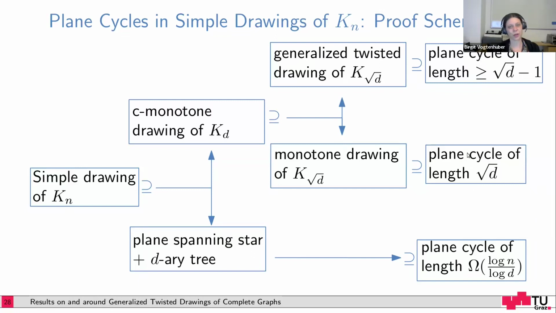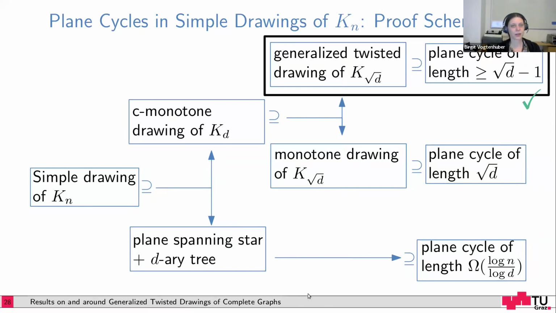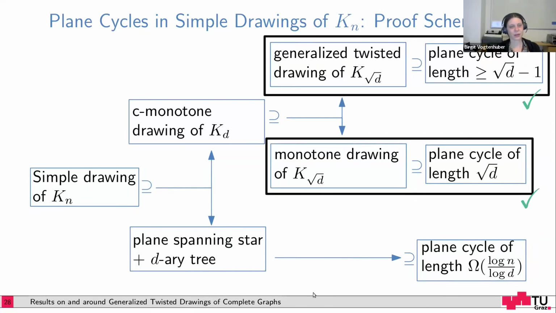And for those, we know the plane cycles. And also for the plane spanning star plus the d-ary tree, it's easy to find a plane cycle, but of that other length. So that we already have. That is a well-known property.